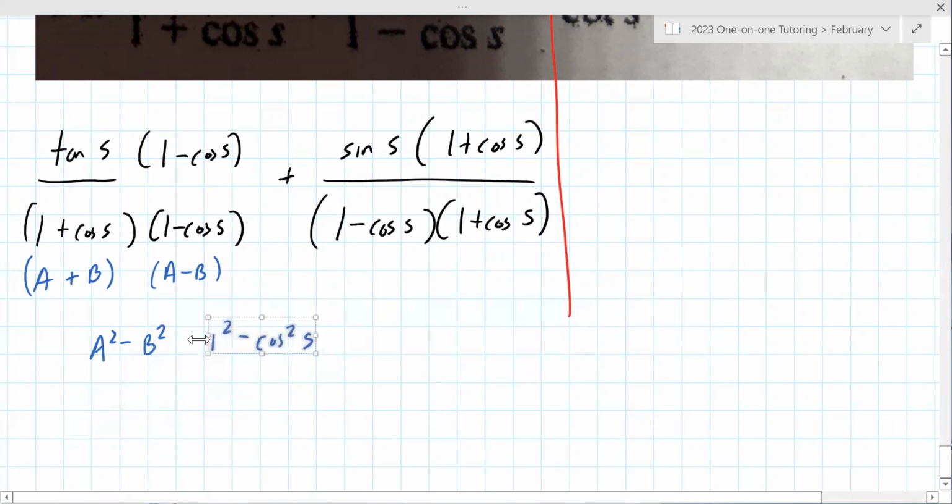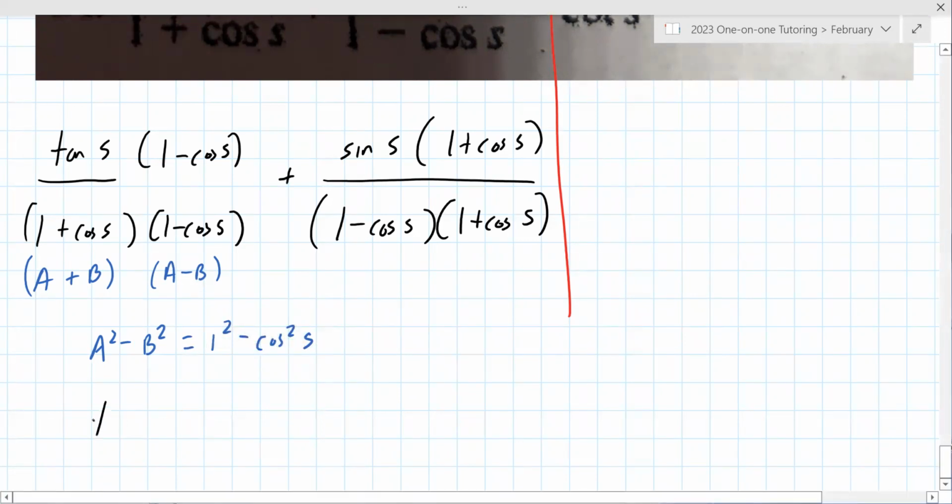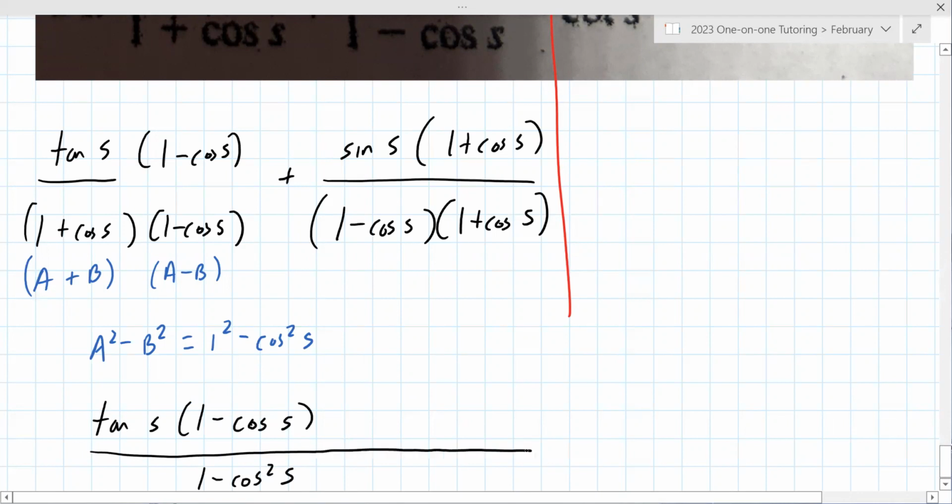Okay. So the numerator is tangent s times 1 minus cosine s over 1 minus cosine squared s. And because they're the same bottoms, I would try to get that figured out right away: sine s times 1 plus cosine s, like that.